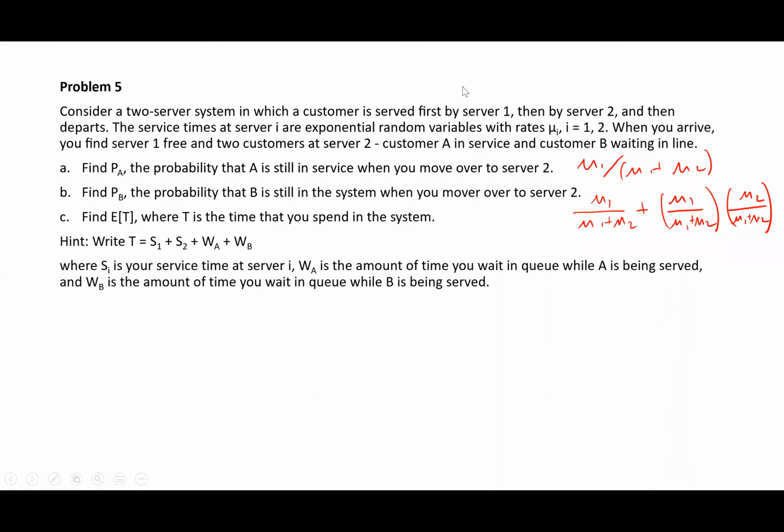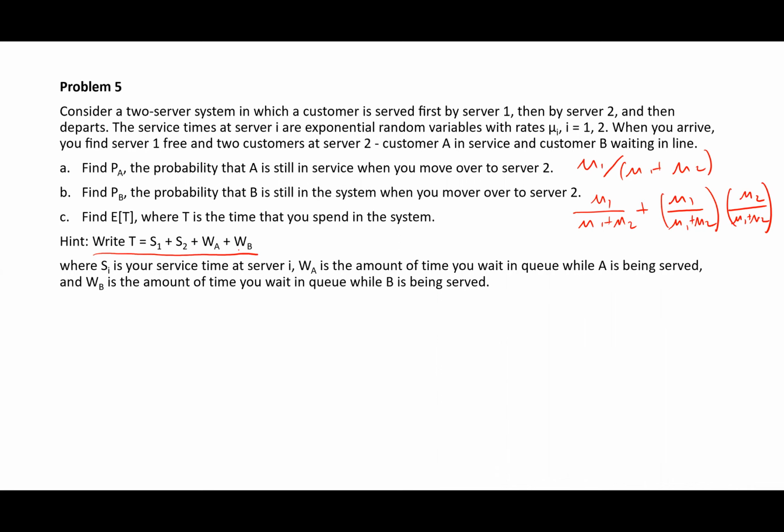All right, so part C. I'm going to start with a clean slate here. I wrote down the results of parts A and B. Now I'm going to solve for part C. I want the expected value of T, where T is the total time that you spend in the system when you enter. To make this problem simpler, I've given you a hint: write T as a sum of S1, S2, WA, and WB.